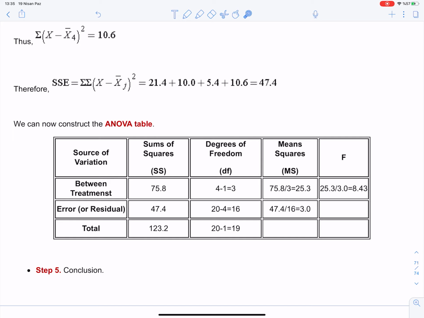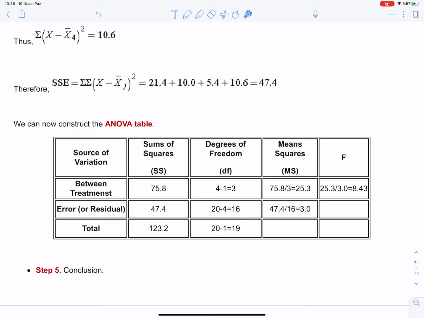Okay, the mean square. To get the mean square, we basically divide the sum of squares by its degree of freedom: 75.8 divided by 3. That's how you get 25.3.